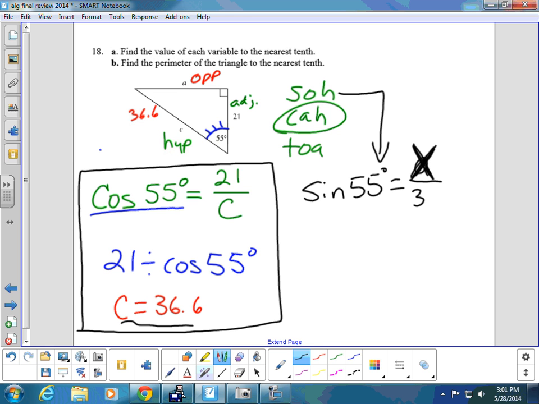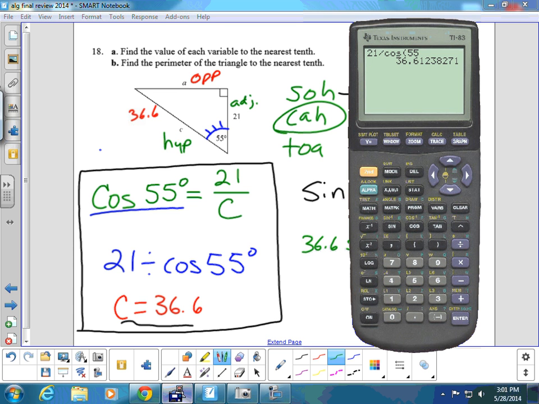So let me just use this one, 36.6. Okay. So we're going to multiply that. 36.6 times the sine of 55 degrees. We're going to do that on a calculator. I get 29.9. Let's call it 30.